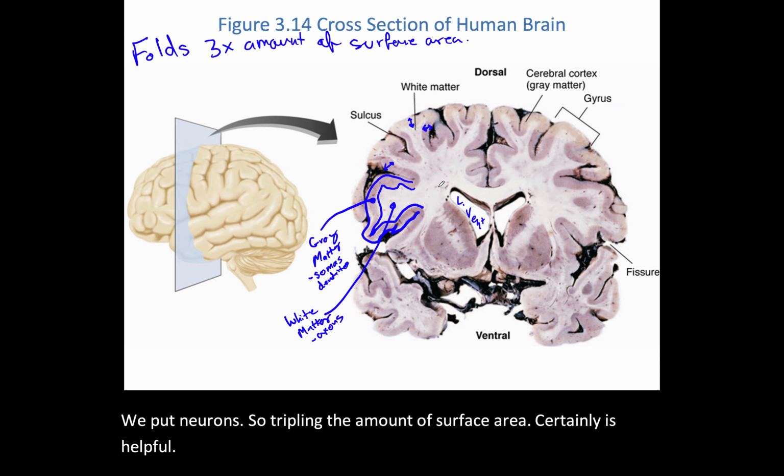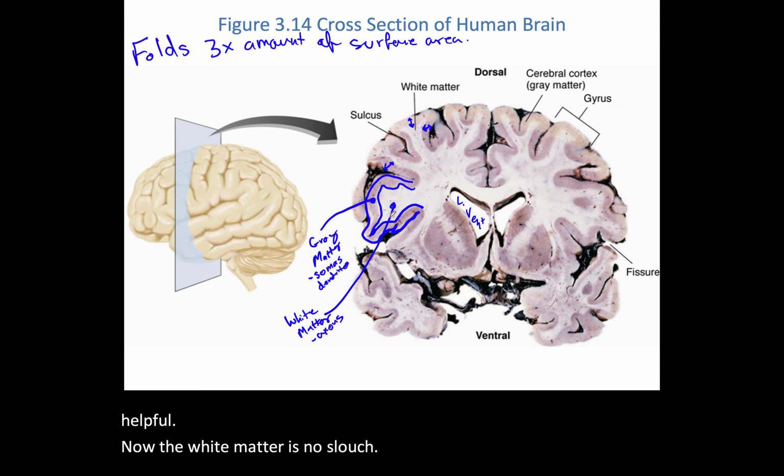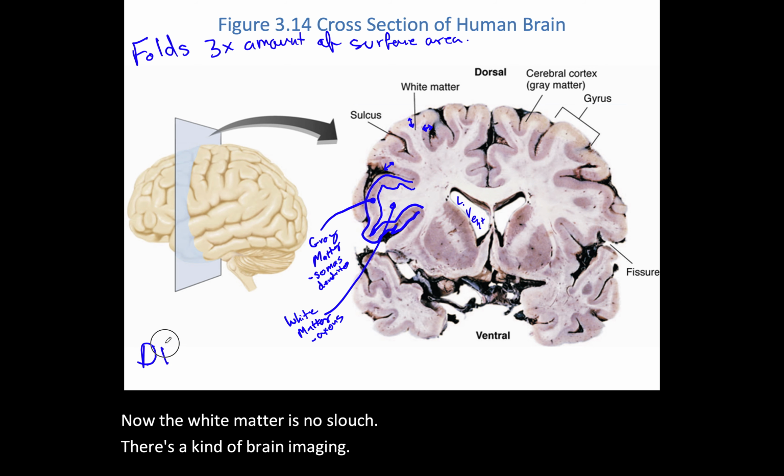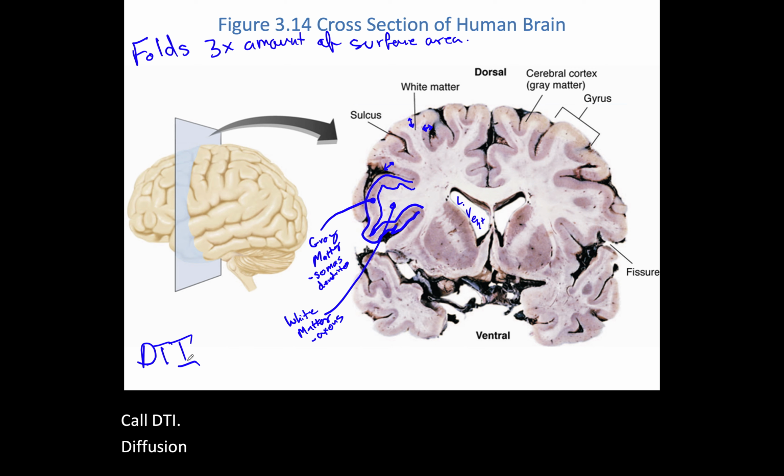Now the white matter is no slouch. There's a kind of brain imaging called DTI, diffusion tensor imaging. It's a kind of MRI that can visualize white matter tracts.